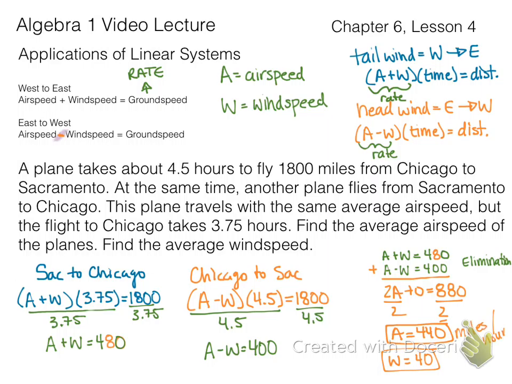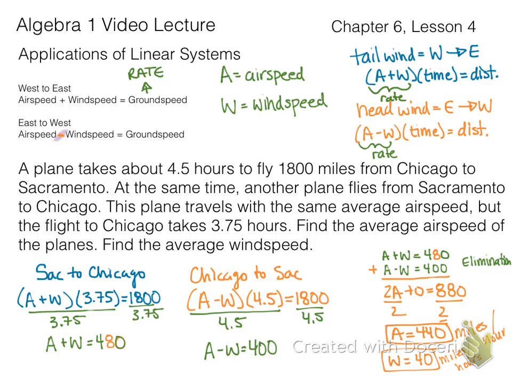So basically, the two pilots got into their respective planes, one in Sacramento, one in Chicago. They take off, and they both set their airplanes to 440 miles per hour. Now, the one going from Sacramento to Chicago has a tailwind of 40 miles per hour, helping out the plane.